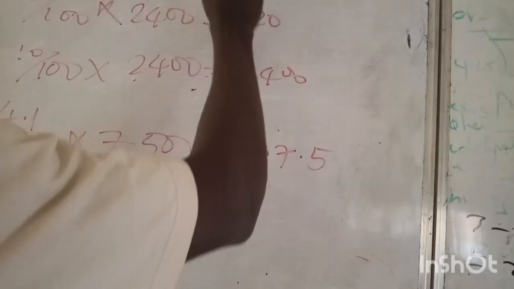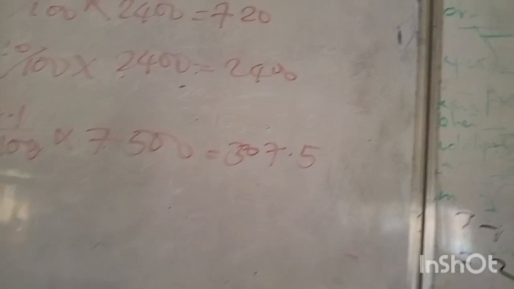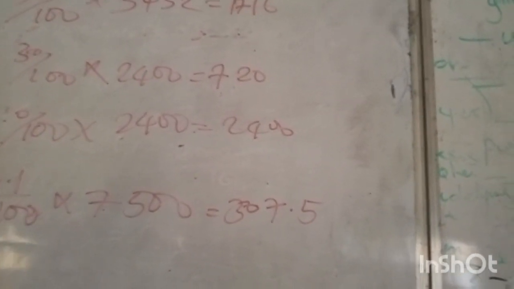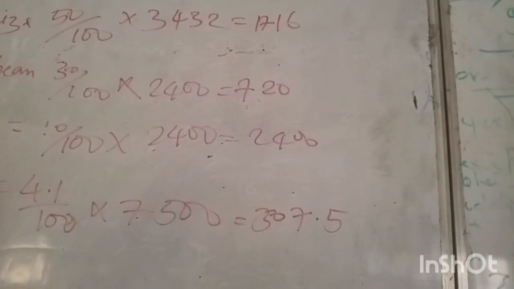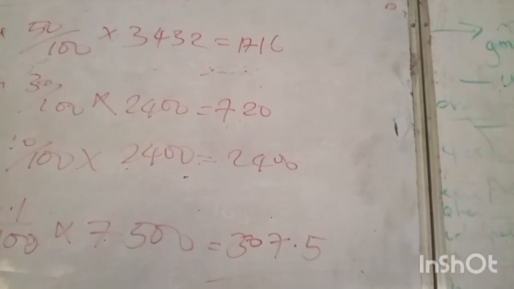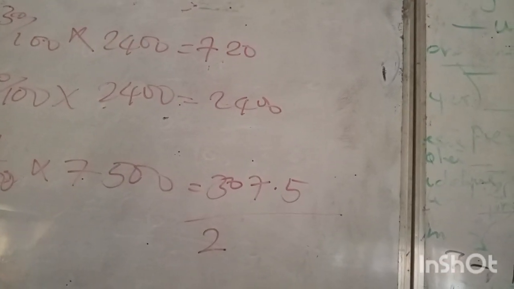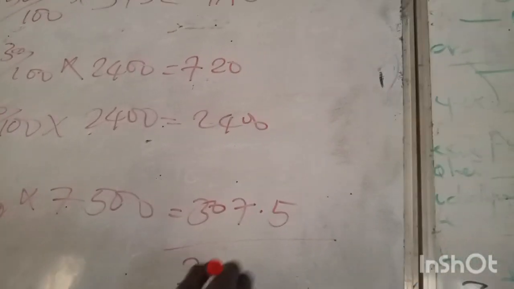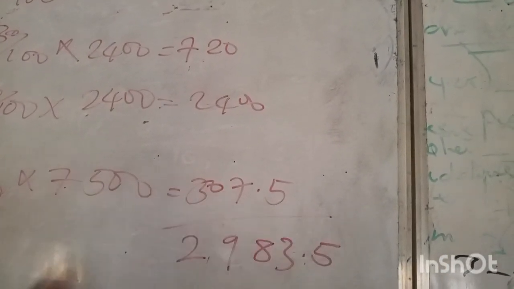So if you add everything together, 1716 plus 720 plus 240 plus 307.5, everything will give you, let me check my calculator, 2983.5.